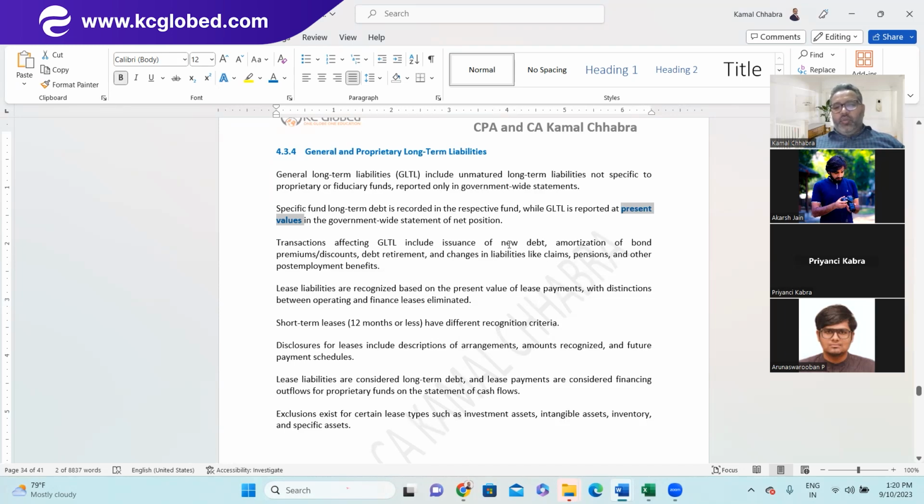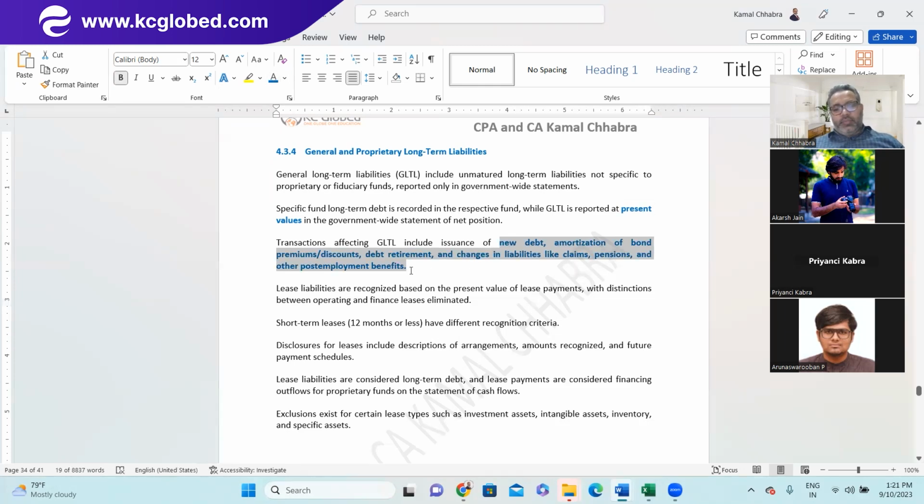When you are issuing new debt, that will add. If there is an amortization of the premium or discount, that may impact the change. If you are retiring any debt or paying anything out of the debt, these are the reasons which may result in change or movement in the debt balance.